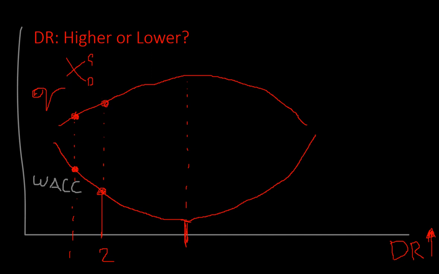Let's assume that you applied for additional loans or you issued more bonds to support your investments. Let's call this debt ratio number 3. Is this favorable? Yes, because it resulted to a lower weighted average cost of capital and higher value for the firm or higher stock price.